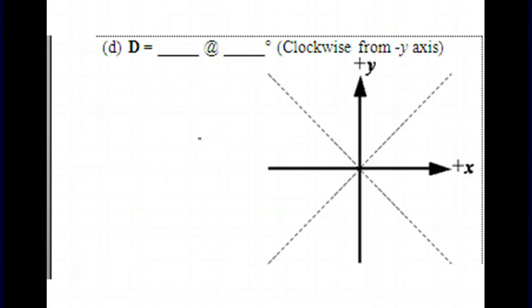D, we should get negative 117 for the horizontal component, and for the vertical component, we should get negative 52.1.